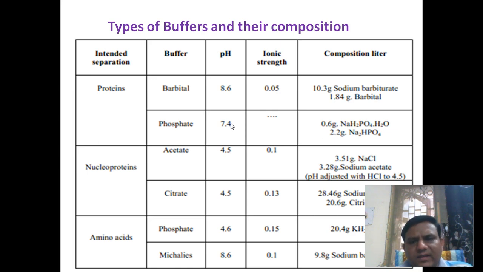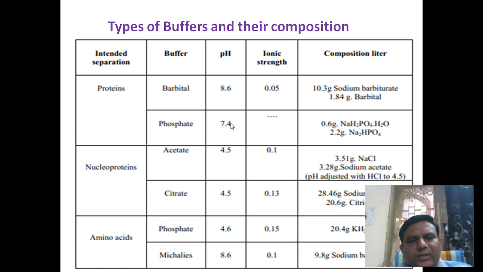You can see here, for protein we routinely use barbitol and phosphate buffer, barbitol having 8.6 pH and an ionic strength of 0.05. Then the phosphate buffer having 7.4 pH is utilized again for protein separation.